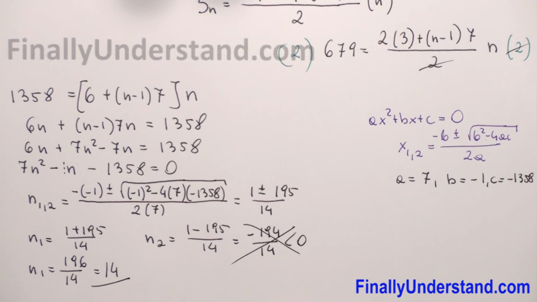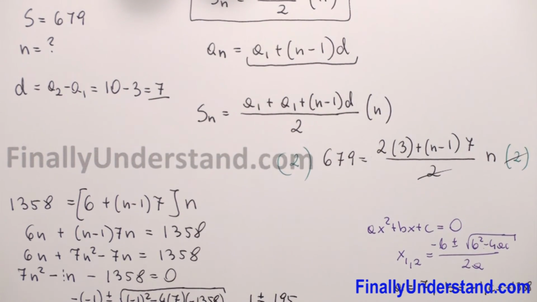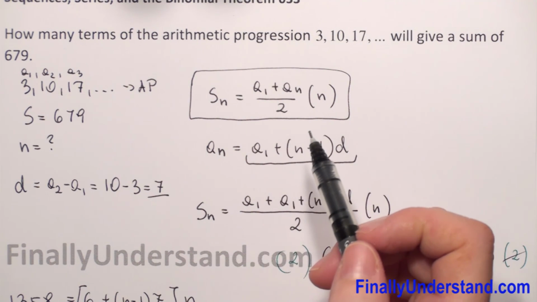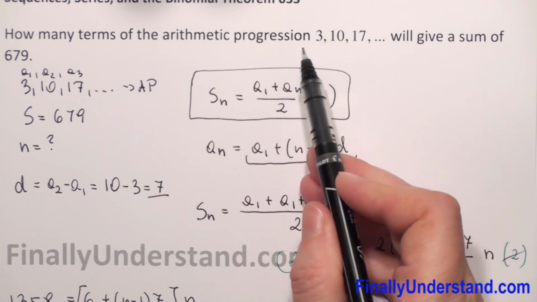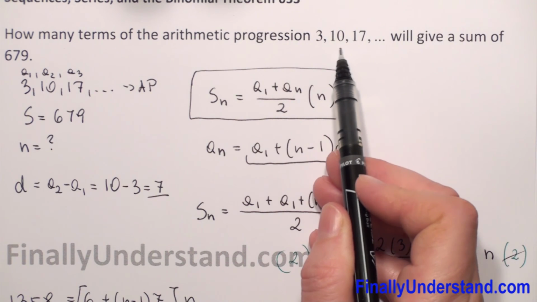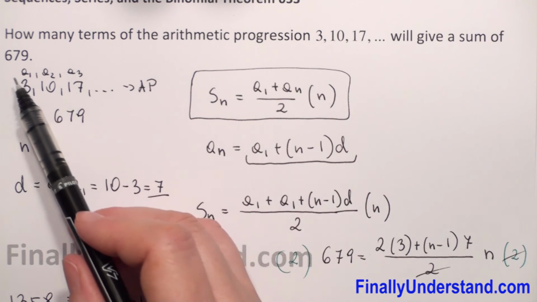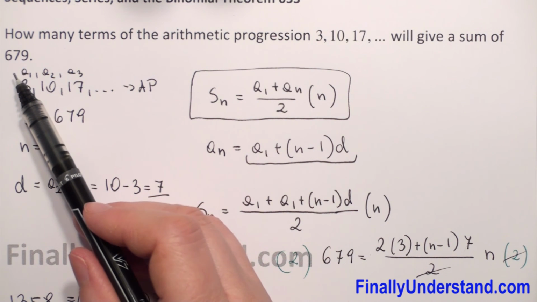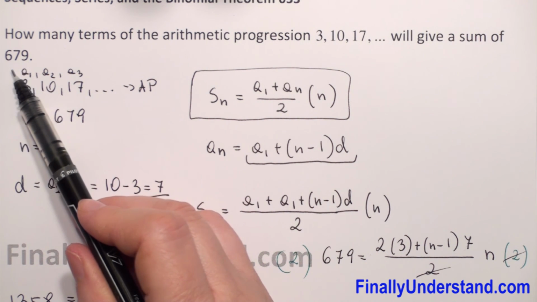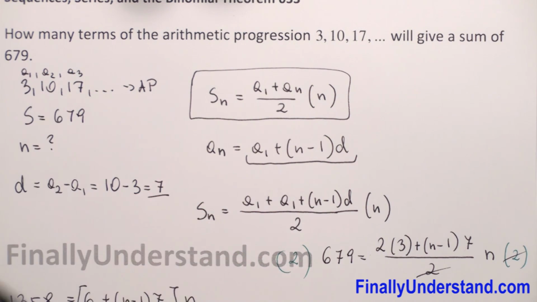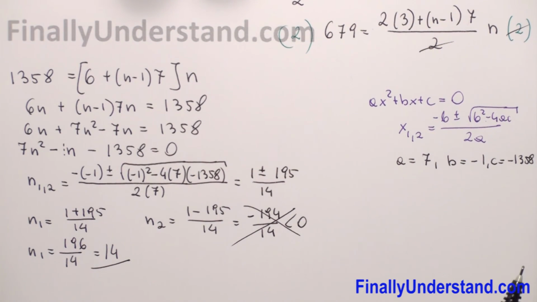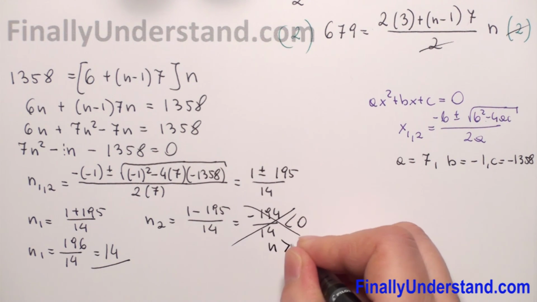For n equals 14, we have that the sum of the arithmetic progression will be 679. The first 14 terms give us 679. This is my solution. n must be greater than 0.